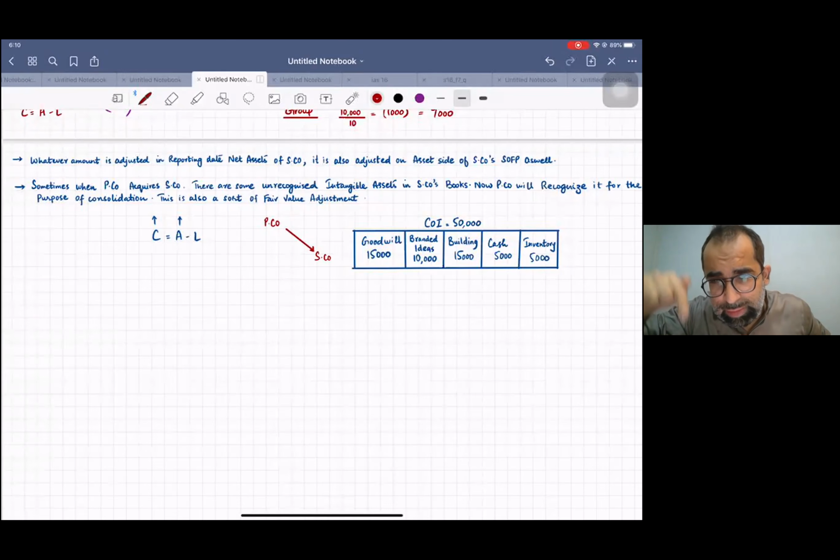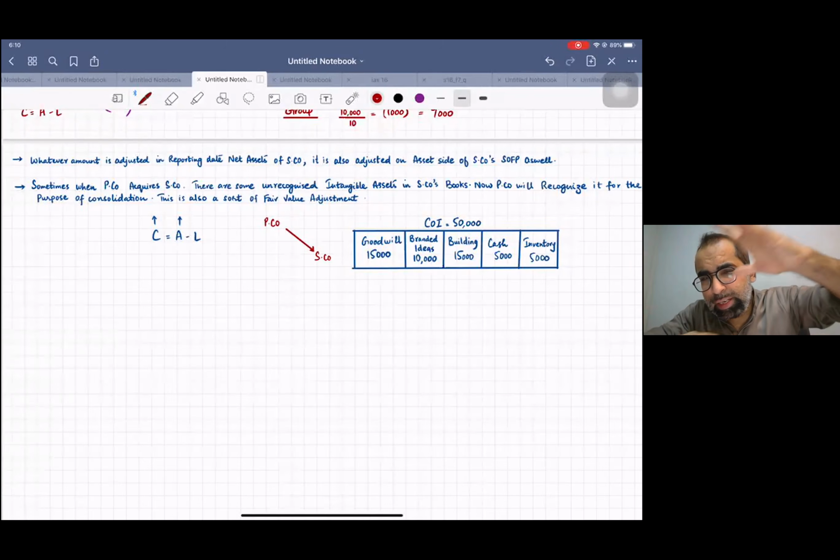For example, Mirchawala Institute has launched a brand internally, so Mirchawala Institute cannot record that brand in its books. So S company has one unrecognized intangible asset at the date of acquisition, an internally generated brand.